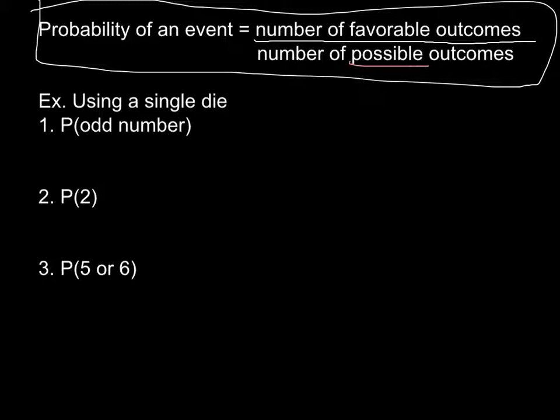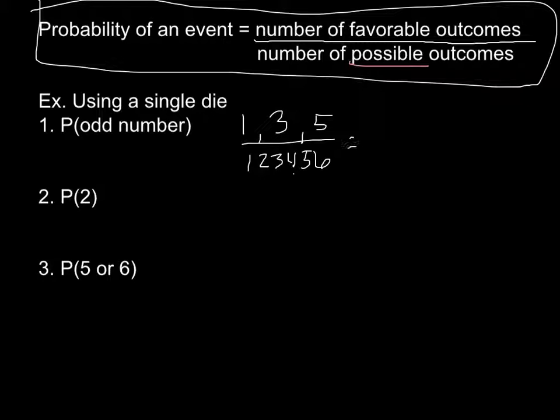The capital P means probability. Using a single dice, what's the probability that you will get an odd number? Okay, so I know if I have a dice, I could either roll 1, 3, or 5. Those are the only odd numbers that I could roll on a dice. How many options do I have? I have 1, 2, 3, 4, 5, and 6.